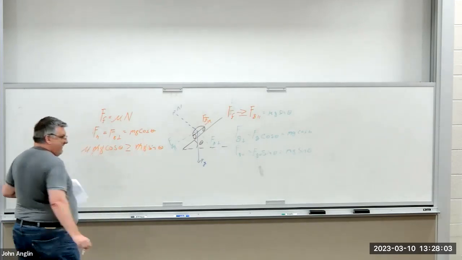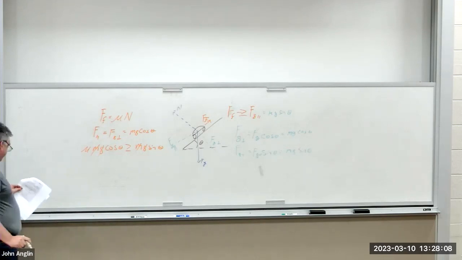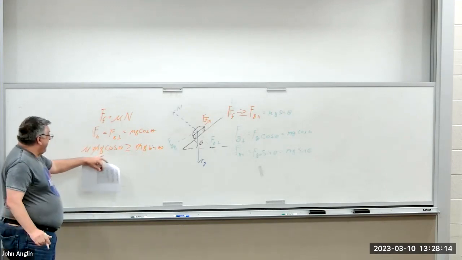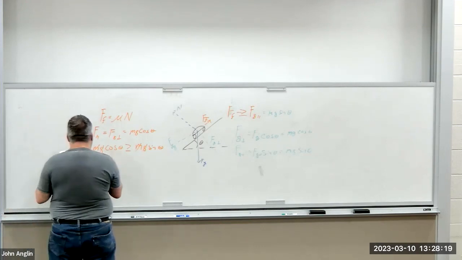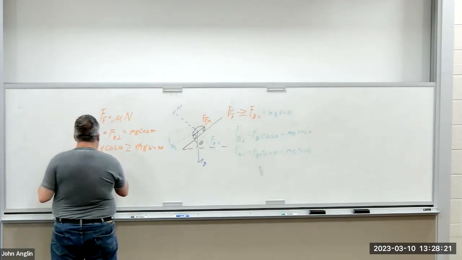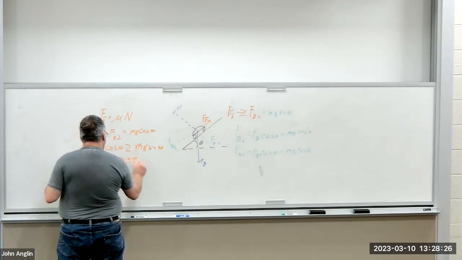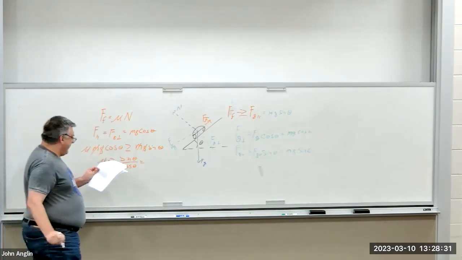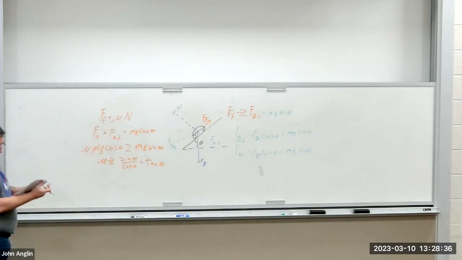The acceleration of gravity goes away. Again, talking about a constant contained system. You cannot cancel the thetas, remember, because they're bound up in these sine cosine functions. But what we can do is say that mu has got to be greater than or equal to sine theta over cosine theta. And if we remember our trig identities, that's tan theta, right? Sine over cosine is tangent.